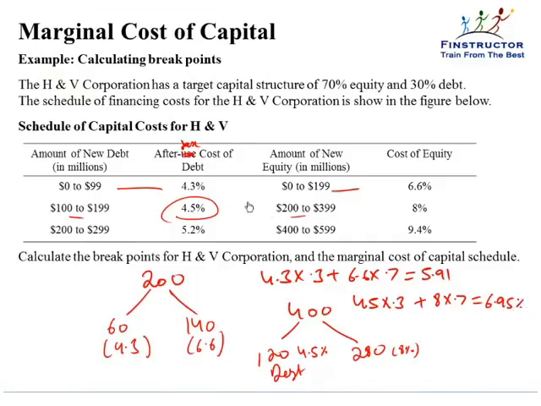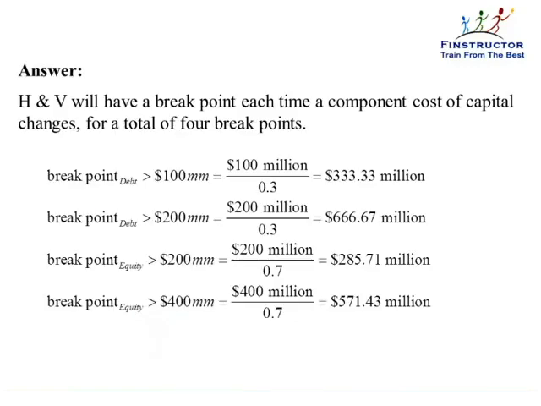So the WACC keeps going up as you raise more and more capital. A breakpoint will come at each of the levels that we discussed. That is 100 by 0.3, 200 by 0.3, 200 by 0.7, and 400 by 0.7. So as the total capital exceeds these levels, the WACC will change.